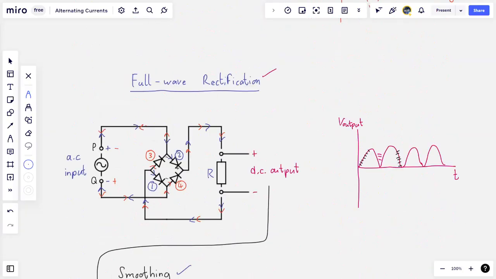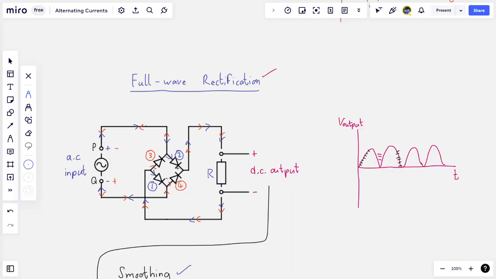We then got a little bit smarter and we switched to full wave rectification, which required the scary looking circuit. It's not that scary once you actually read through it, redraw it, and understand what's happening. But this full wave rectification turned the valleys into hills. And now I have only hills, which is great, but I still have a little bit of a gap.